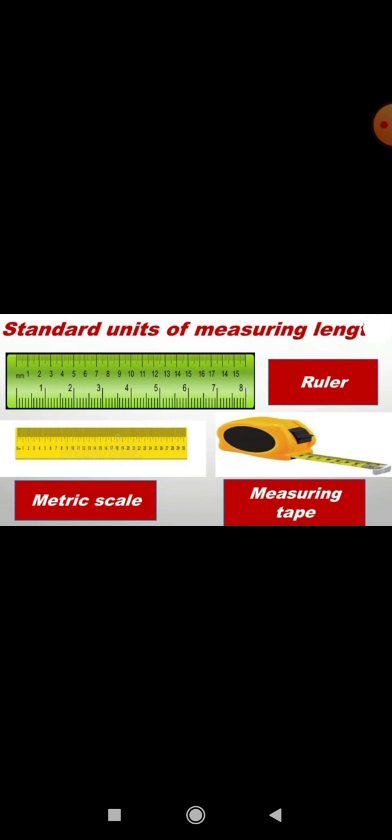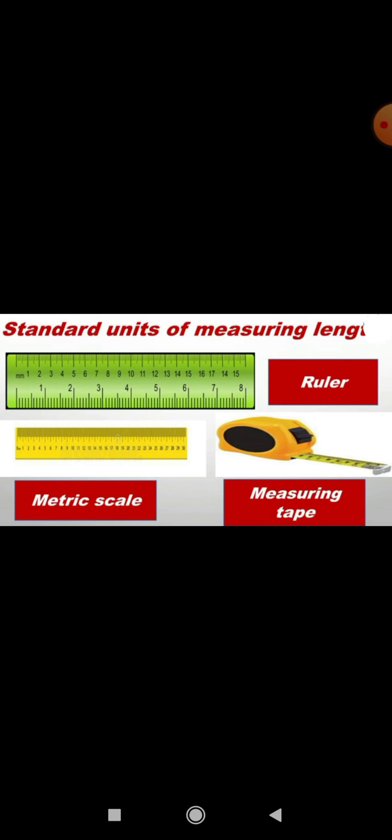A ruler and metric scale are used to measure the length of small objects, for example pencil, eraser, sharpener.